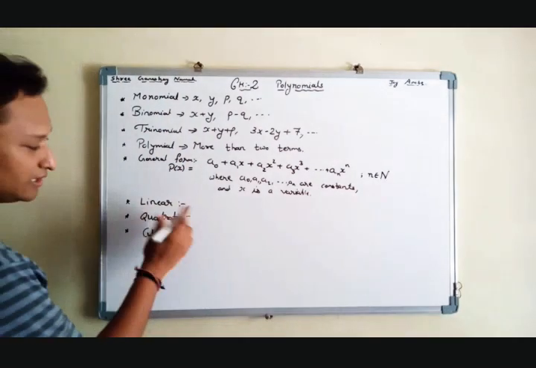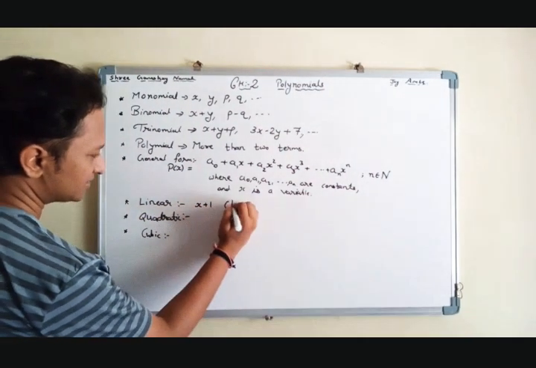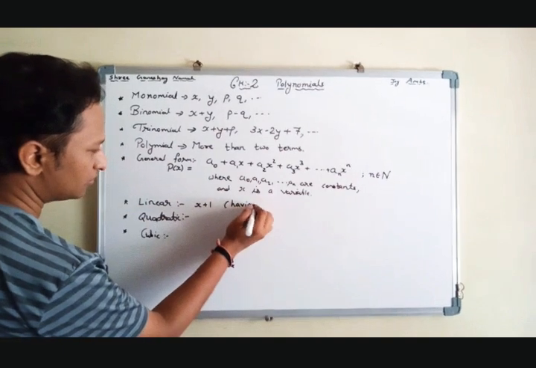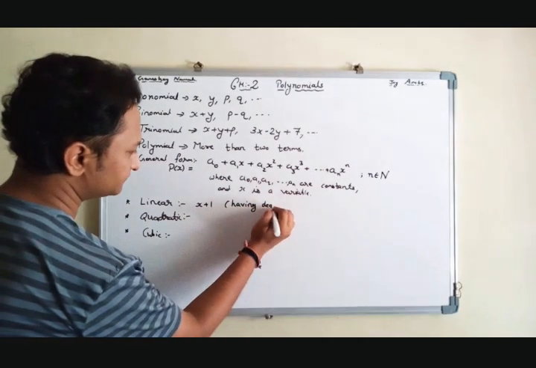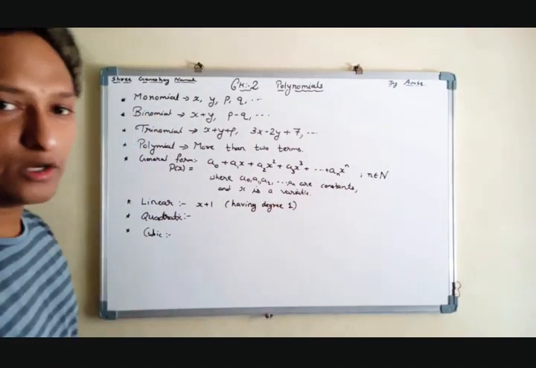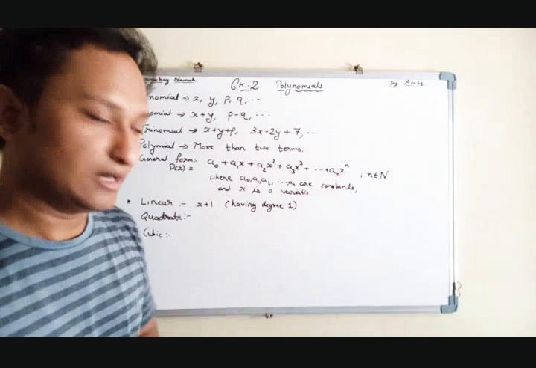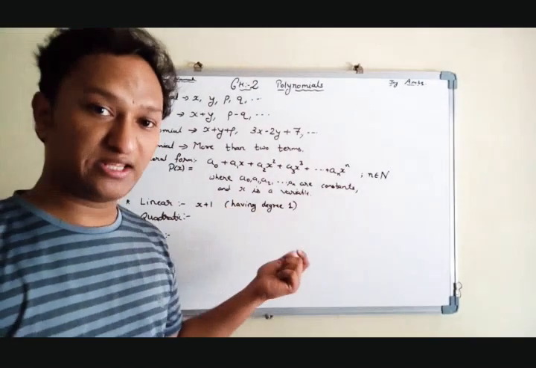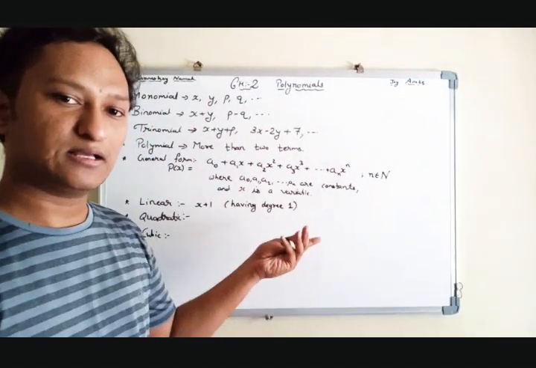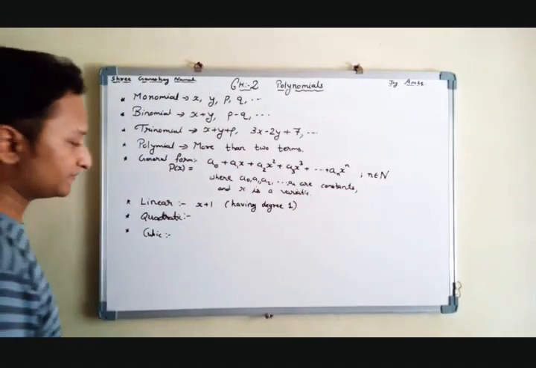Now here, linear means what? x plus 1 has degree 1. So all polynomials with degree 1 are known as linear polynomials, like x plus 1, y plus 3, 2y plus 7, anything.